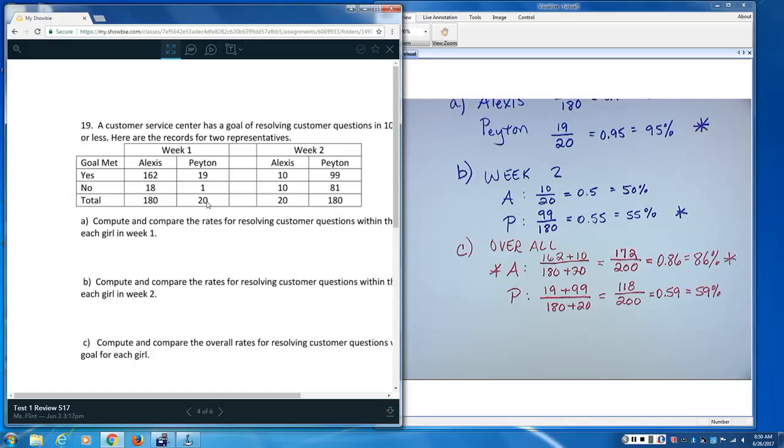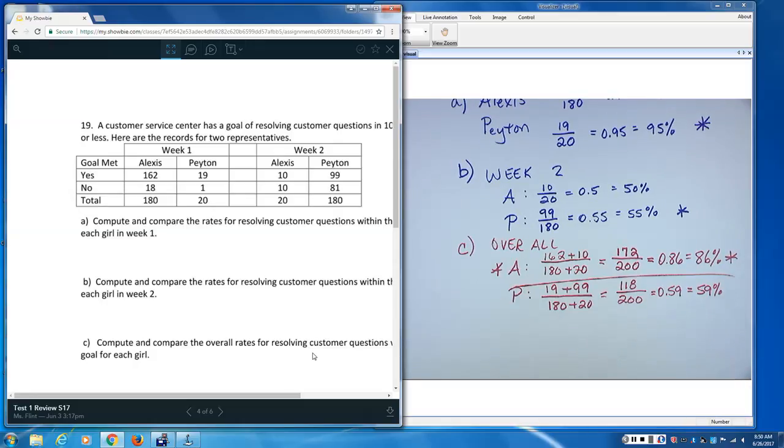And in the first week, Alexis's 18 didn't have much influence either. So you have to look at overall success rate. So compare it, well, overall, she should get a raise, because that's a lot better success rate than 59%. Okay?